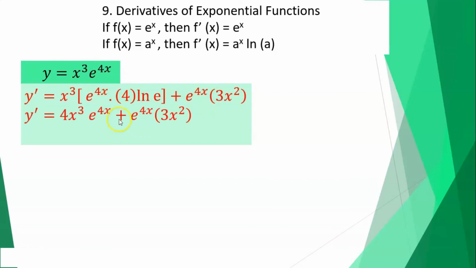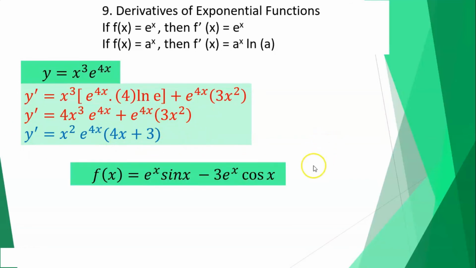Simplifying this, we have 4 times x cubed is 4x cubed, e to the power of 4x, plus e to the 4x times 3x squared. Take note, we have a common factor, which is x squared and e to the power of 4x. So factor it out. What's left here is 4x, and on the other side is 3. So this will be our final answer.